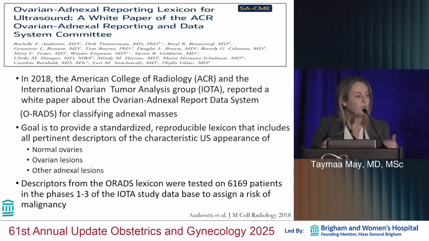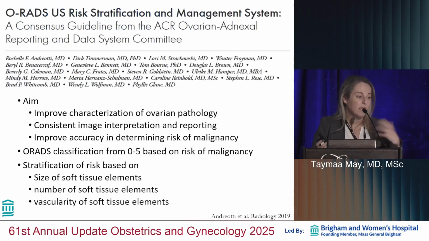The goal was to provide a standardized, reproducible lexicon that includes all pertinent descriptions that characterize ultrasound appearances of normal ovaries, ovarian lesions, and other adnexal lesions. They looked at over 6,000 patients of the IOTA study and then went back and did risk assessment on those patients, and that's how the O-RADS score came about.